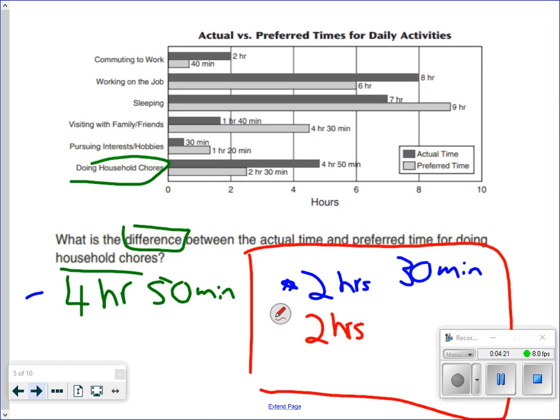I have to try and get to 4 hours and 50 minutes. So what else do I have to add? I have to add another 20 minutes. Once I add that other 20 minutes, over there in my box to the right, I have 4 hours and 50 minutes. To the left, I have 4 hours and 50 minutes. So that means my answer is 2 hours and 20 minutes. You kind of notice how I just took my time. I added hours first, and then I added minutes until I got to the number I was trying to get to.